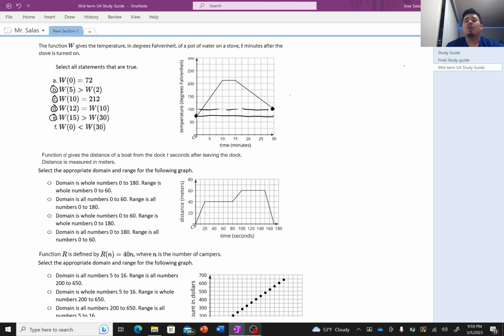So W of 30 is higher, which means W of 30 is bigger than W of 0. So that also is true. Look at that, all of our statements were true except for A.